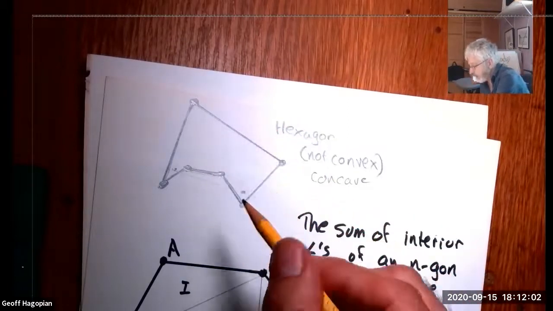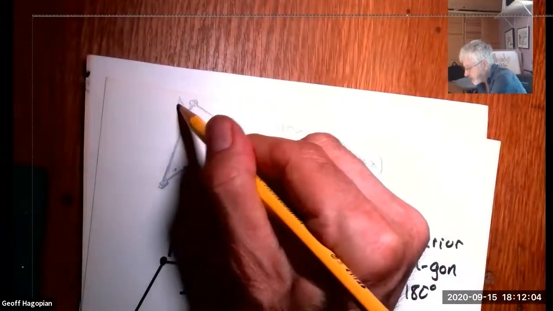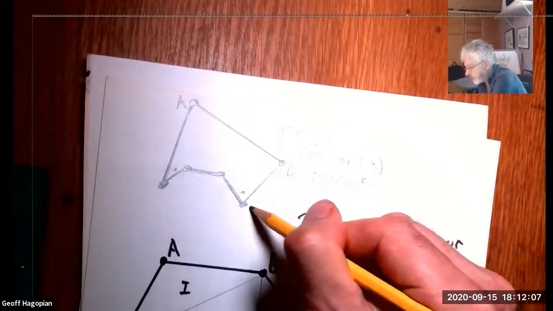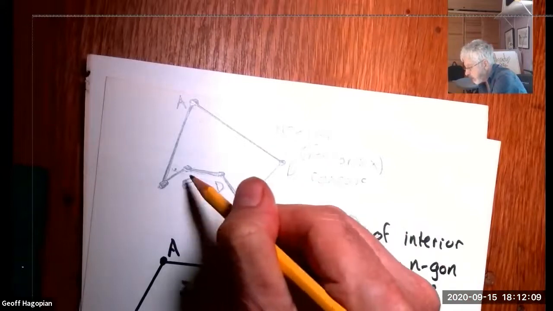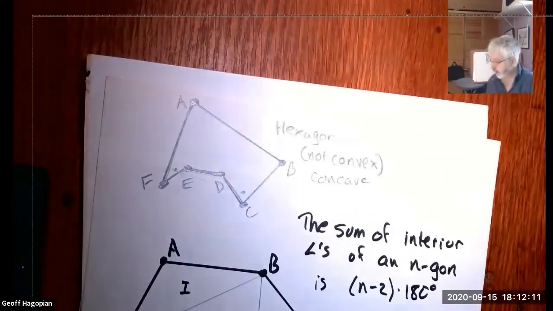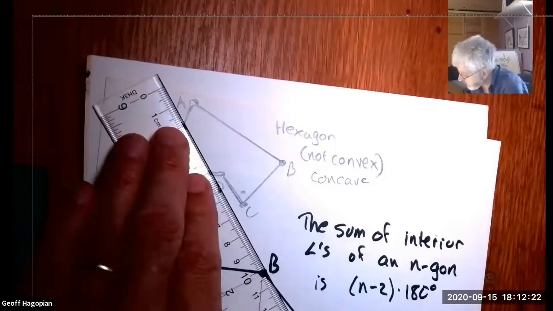So now if I were to pick a point like here, A, let's say this is A, B, C, D, E, F. How many diagonals can I draw from A? Well, 4, right? Oh, well, yeah, I guess you got to be careful which point.